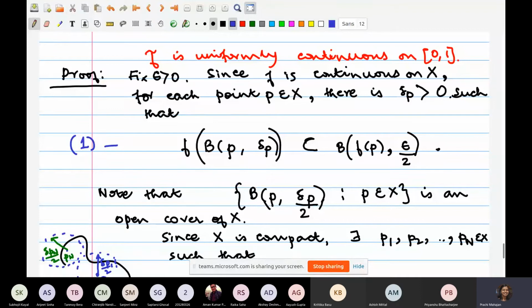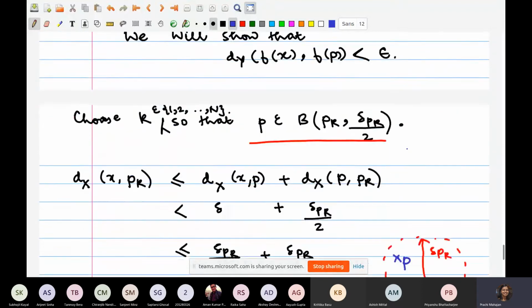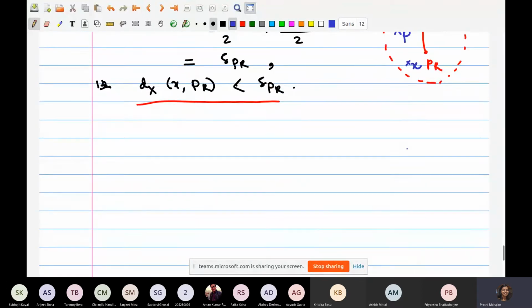Then if I pick any point here, its image is going to land in this ball around f(pk) of radius epsilon by 2. So in our case, it says that f(P) and f(x) are both going to lie in this ball centered at f(pk) of radius epsilon by 2. So I'm going to apply that here.